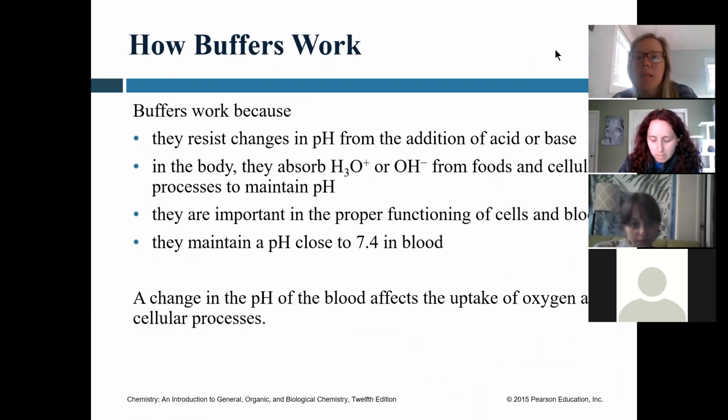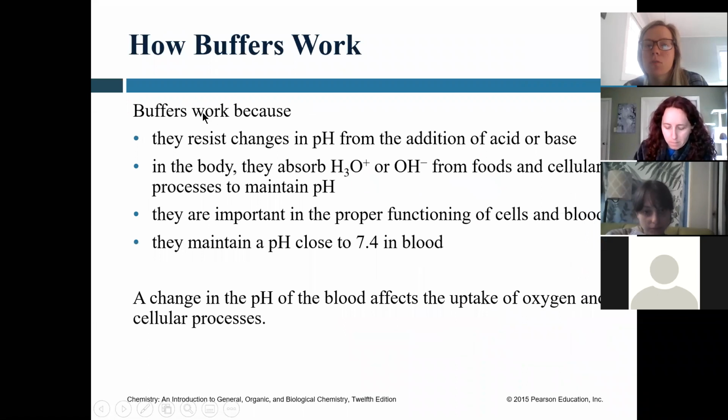And so what is happening in a buffer solution? Buffer solutions work because they resist change in pH from either additional acids or bases. They're super important in the body. We have lots of buffer solutions in our body to help maintain specific pHs depending on what the system is. One example is our blood.